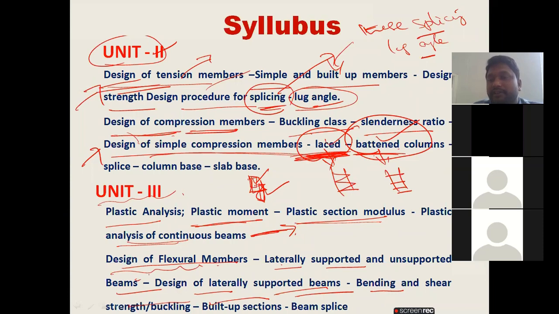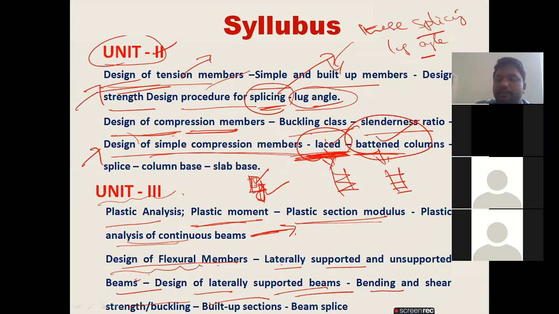After that, one side hinged and one side fixed, or two sides fixed, or continuous beams. Like that, you learn in RCC structure, and you design different types of beams, especially T beams, also L beams, singly reinforced beams, doubly reinforced beams. The same set of concepts apply in steel.